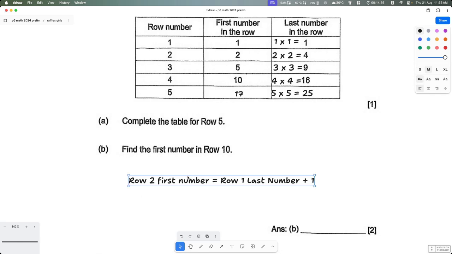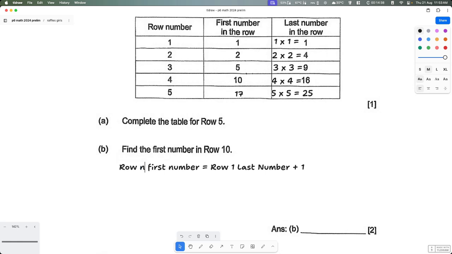So row n's first number is equal to row n minus 1's last number plus 1. In essence, row n's last number is n minus 1 times itself, n minus 1 times n minus 1.